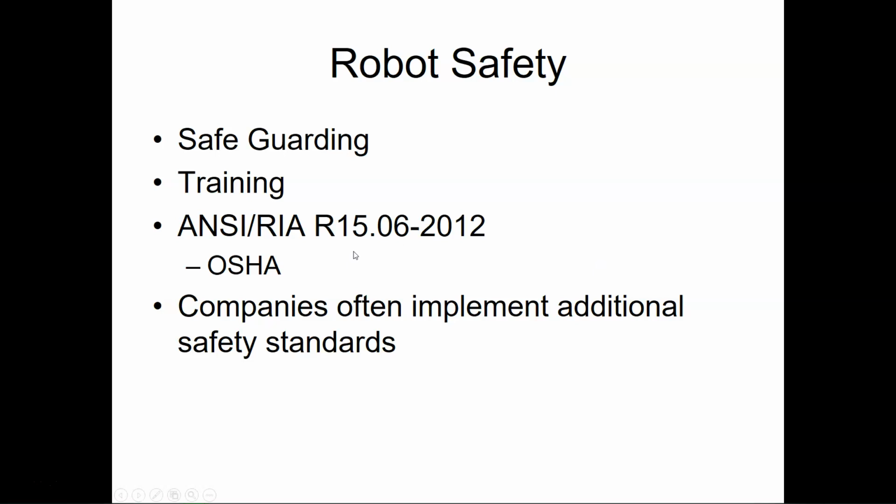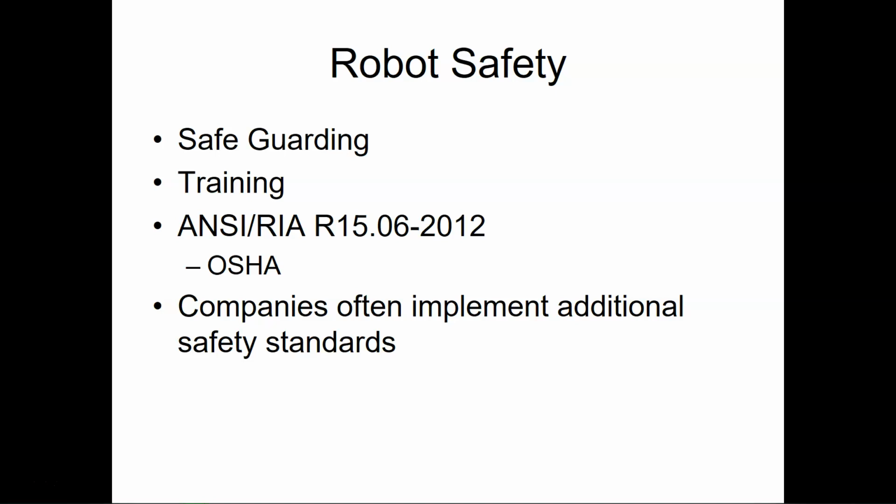So safeguarding and training are determined by the ANSI, which is the American National Standards Institute, and the RIA. I can't remember what the acronym stands for right now. And OSHA is also involved because anytime safety's involved, OSHA's involved, right? OSHA sits there and goes, yes, we want to be involved.